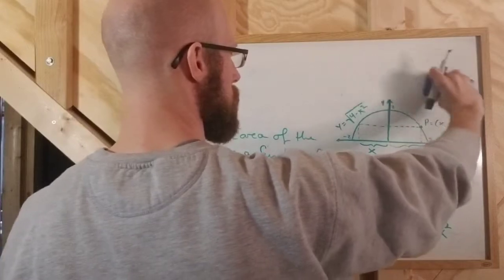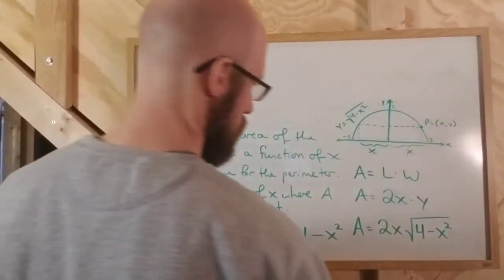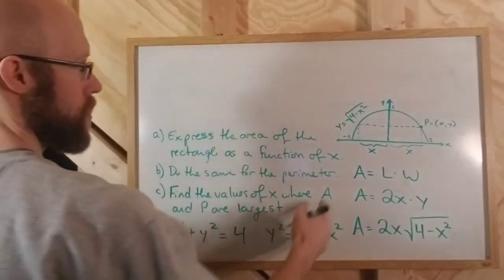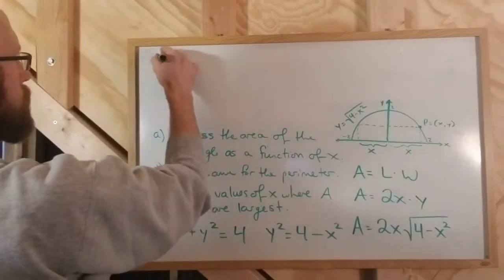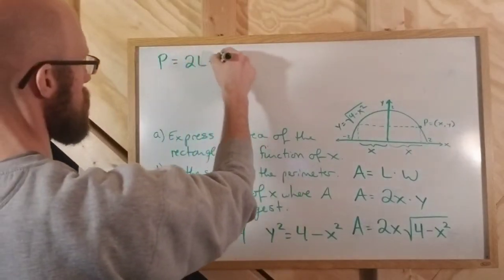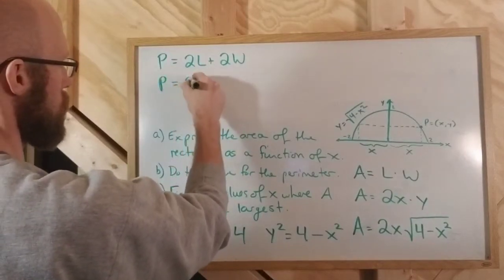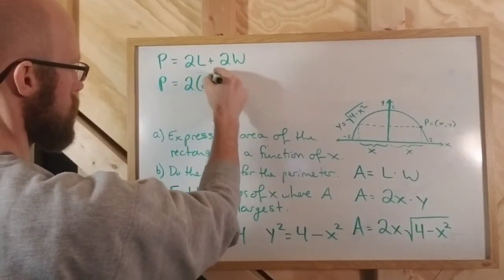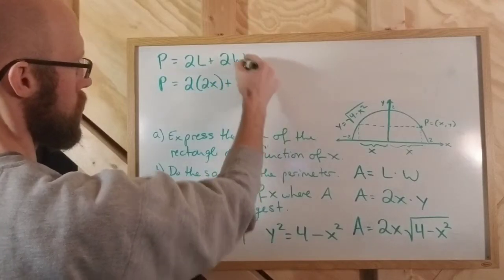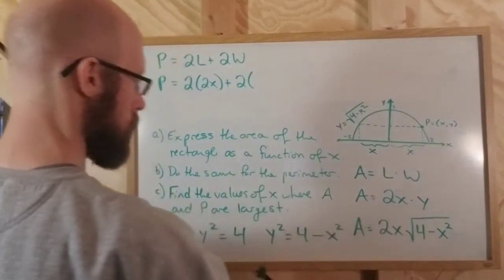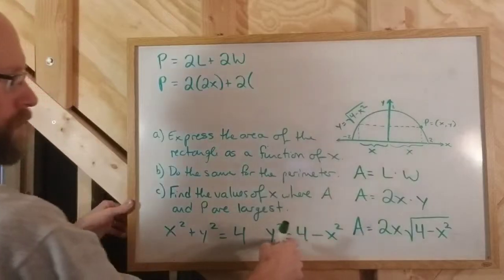So for the perimeter then, we're looking at 2L plus 2W, which the L we already said is 2x, and the W is the height, which was our square root.